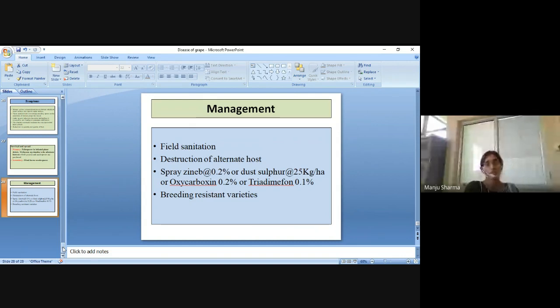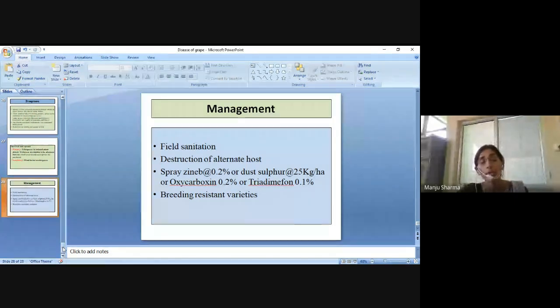So these kinds of practices we can apply in all types of crops in which we are going to manage disease, and after that the chemical treatment will be there.